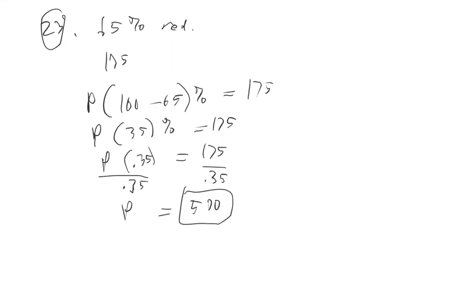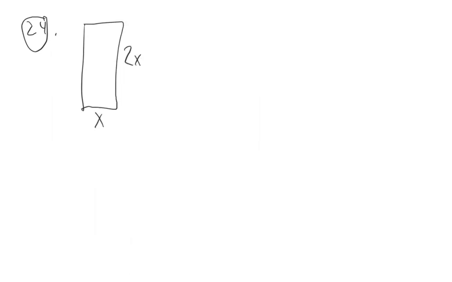All right, now let's do problem 24 on the review. Problem 24 says that you have a rectangular athletic field and it's twice as long as how wide it is. So the long sides of it are twice as long as the short sides are, but it doesn't tell you how long that actually is.